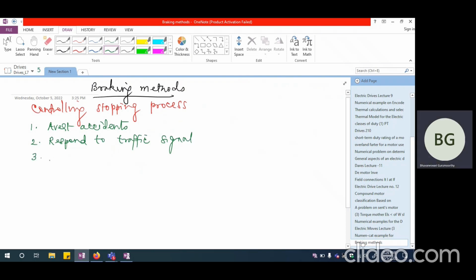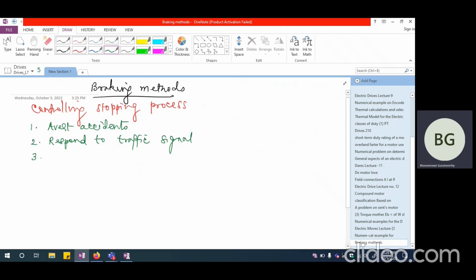Then the third thing very often that is needed is for comfort. So if a train is moving and you want to stop it exactly in front of the platform, you don't want to stop it in the outer. And very often you might have seen in many railway stations, they say carriage number 1 will stop at this point, carriage number 2 will stop at this point.